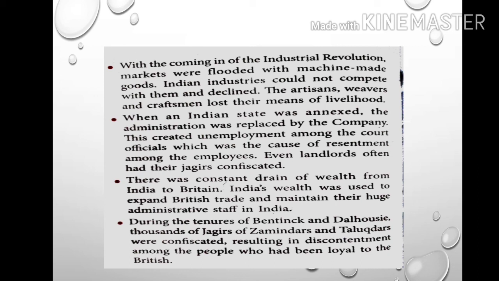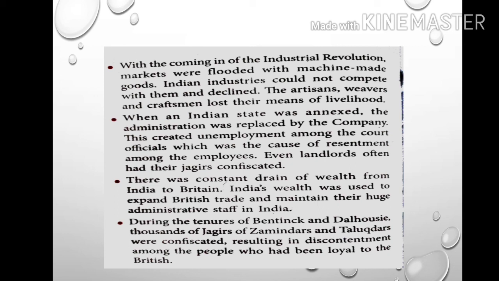When an Indian state was annexed, the administration was replaced by the company. This created unemployment among the court officials, which was a cause of resentment among the employees. Even landlords often had their jagirs confiscated. So we are learning that not one section of society was spared exploitation by British rule.